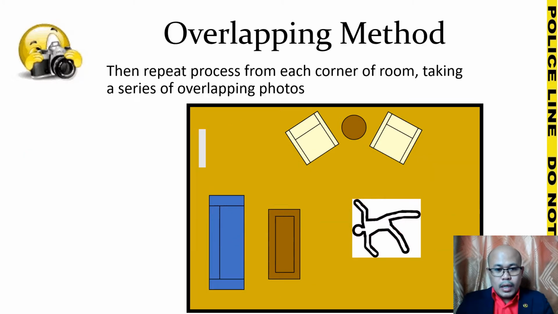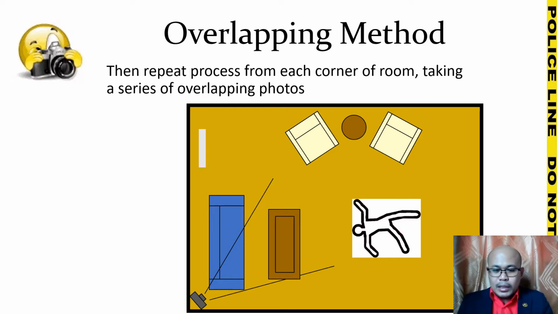After doing it, you have to take the reverse shots so that when we are in court and are asked, in any order, whether clockwise or counterclockwise, from the left going to the right, or from the right going to the left, we can answer all those criticisms.